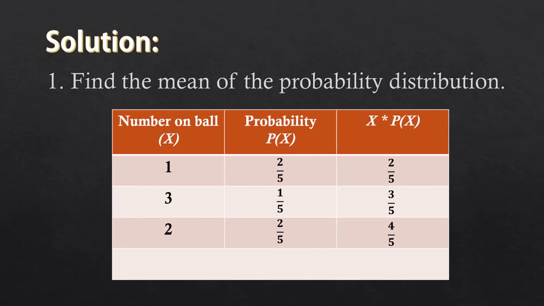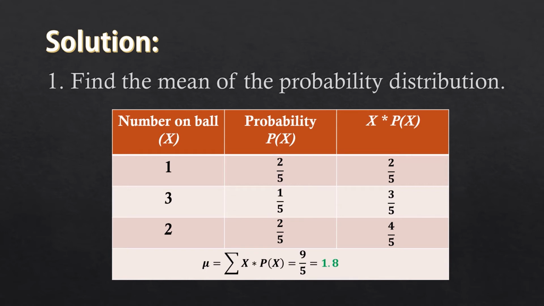And now to find the mean, the formula says we need to get the sum of the products of x and its probability. So we have 2/5 plus 3/5 plus 4/5, that is equal to 9 over 5.